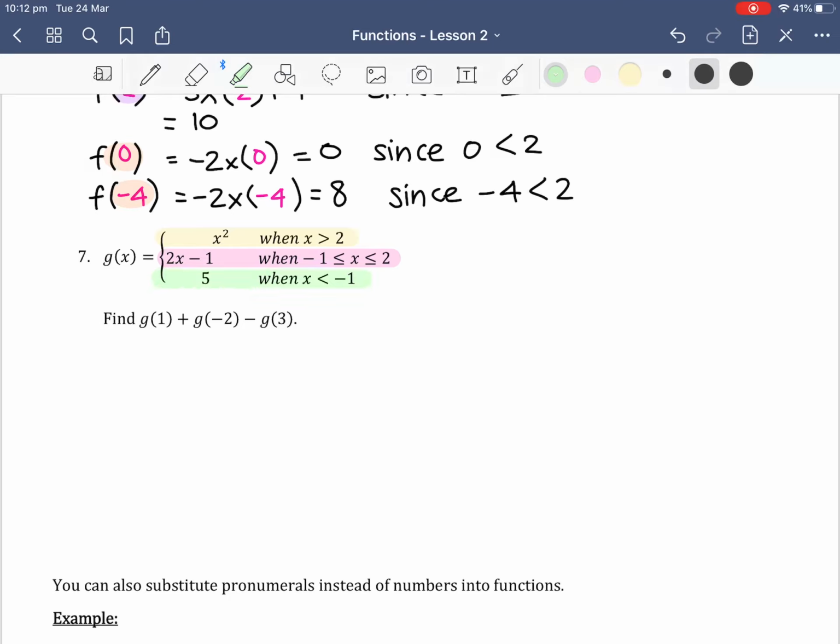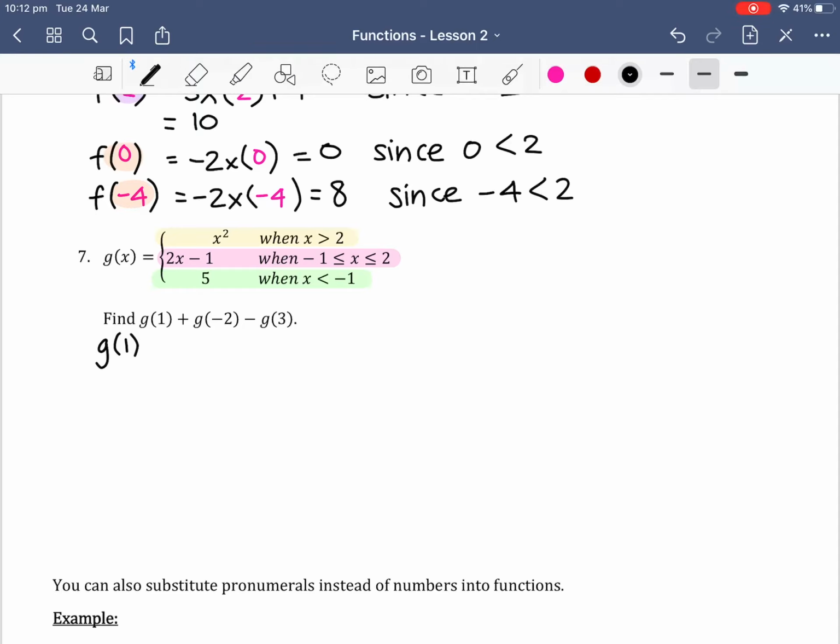And then we also have, we'll use this green color, 5 when x is less than minus 1. And what we want to find here is g of 1 plus g of negative 2 minus g of 3. So we're going to find these out individually, and then whatever our answers are, solve them as an equation.